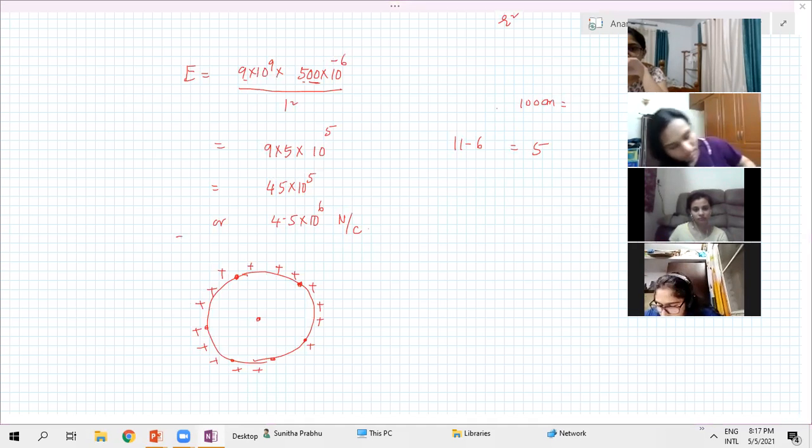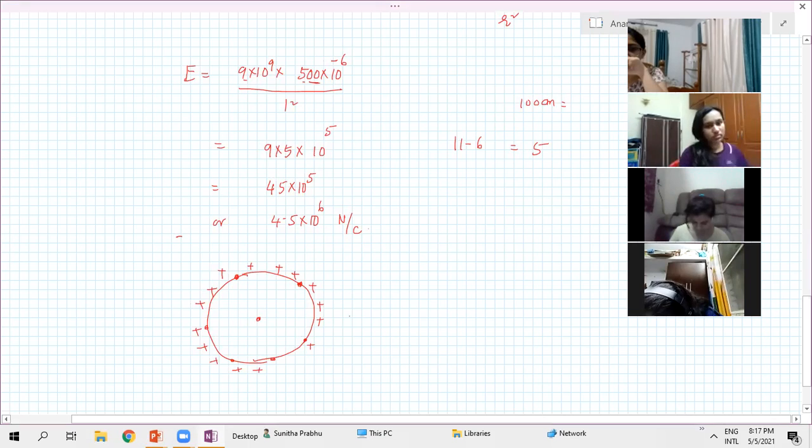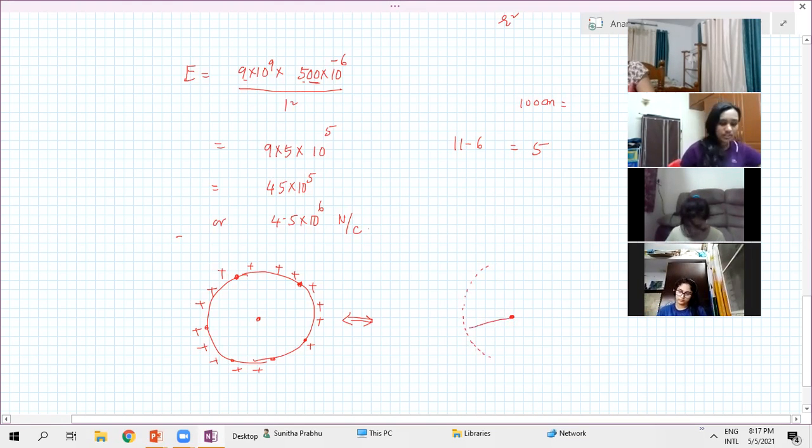Because as we mentioned, this charge which is there, you consider it as a point charge. Means 500 microcoulomb is concentrated here, like the nucleus. And you are telling me, find the electric field here, which is at a distance of the radius. So here you take R as the radius of the circle.